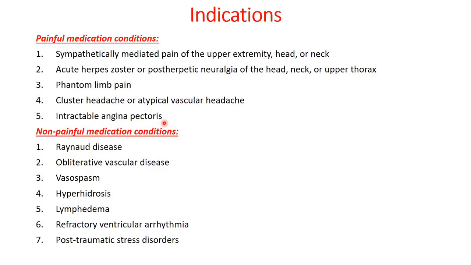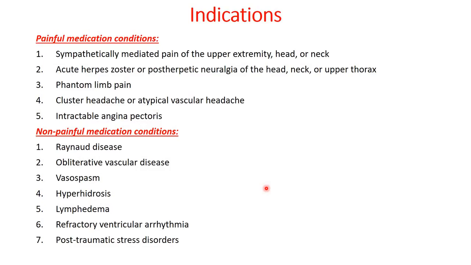For non-painful conditions, I would first directly say, whenever a vascular surgeon performs an AV fistula, they will ask for a blockade of the stellate ganglion also. What is the importance? Whenever you are giving the stellate ganglion block, the sympathetic vasomotor tone of the blood vessel is reduced. Once you reduce the sympathetic vasomotor tone, the blood vessel will dilate, and that will help with easy anastomosis.